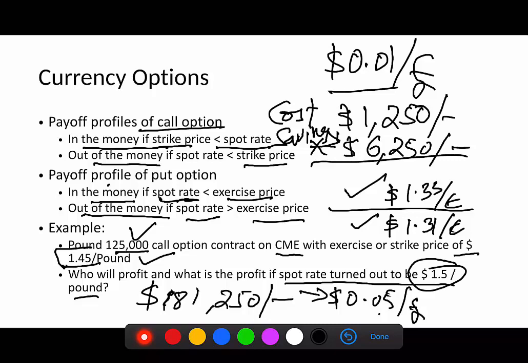So your net profit is $5,000. So this is how the option contracts work.